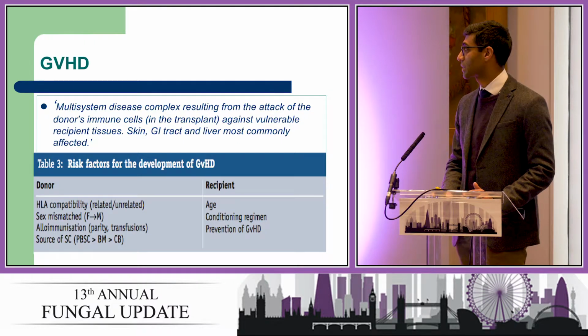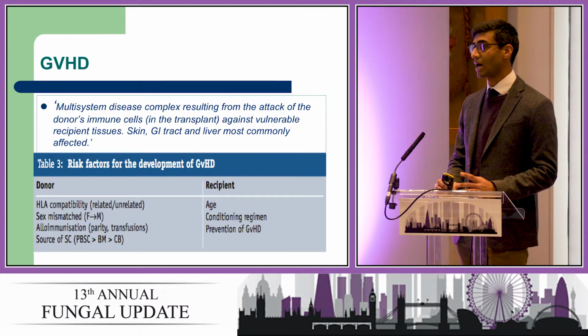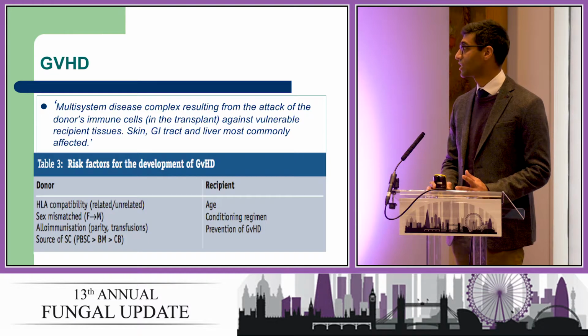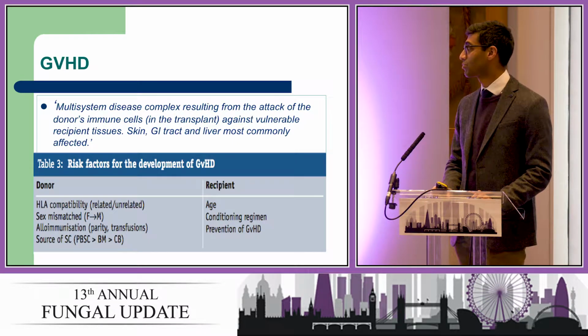From the recipient's perspective, it's the conditioning regime. So are they completely myeloablative or are they non-myeloablative in the allogenic transplant cohort? Age and other comorbidity, and are they on any prevention, so any immunosuppression to prevent graft versus host disease?